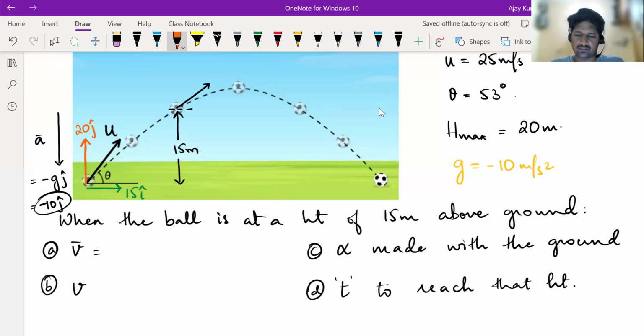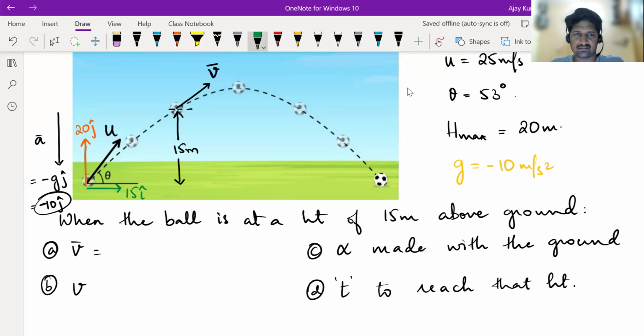What do we know about the velocity at this height? Sir, it would be increased. Why will it increase when the object is going up? Okay, anyway, I won't trouble you much. Pawan, you tell me, what do we know about the velocity at that height? Sir, it will be reduced. That's okay.